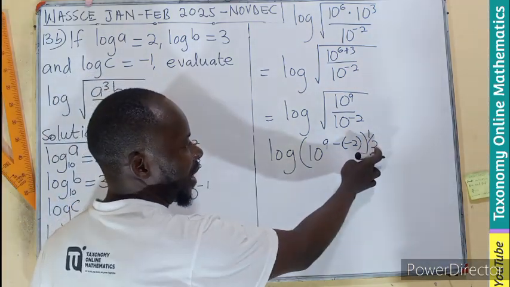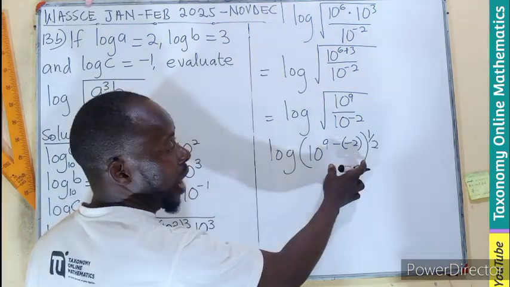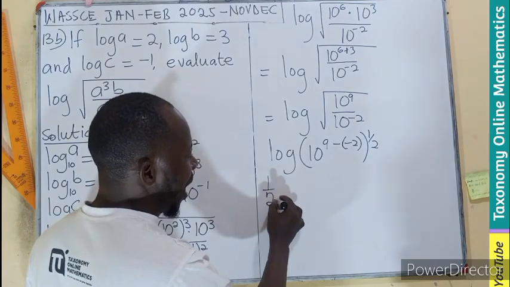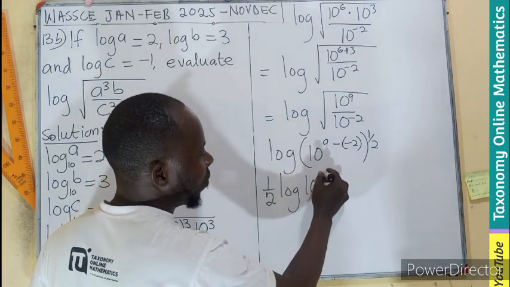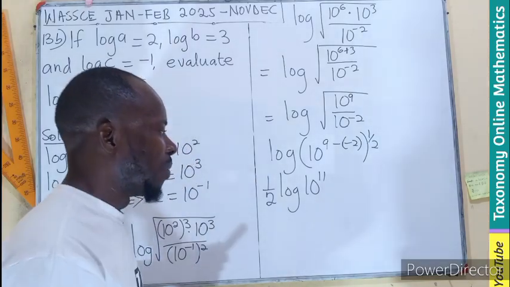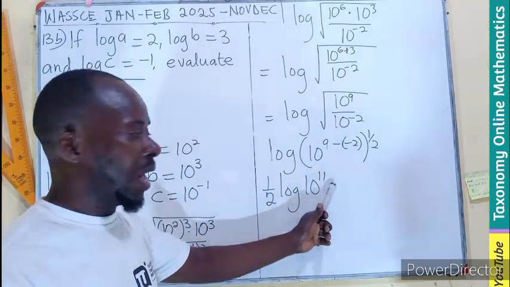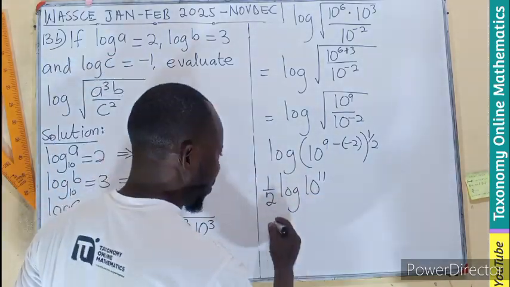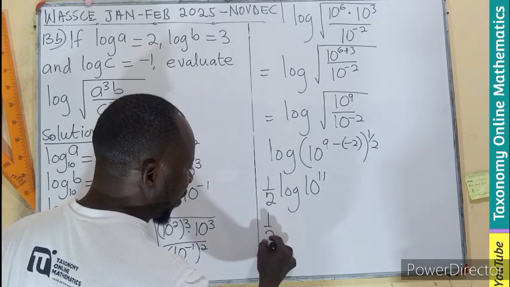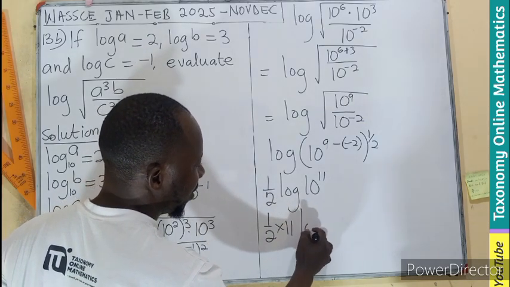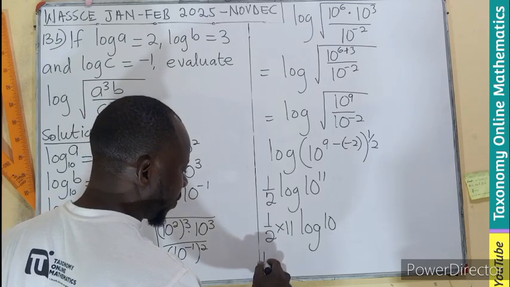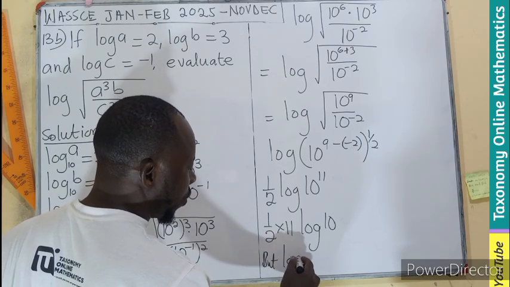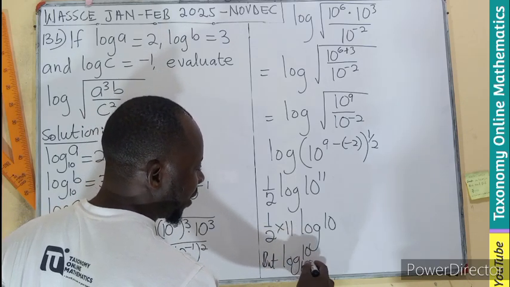So if the power is here from indices, from logarithm, I can make it half of the log of 10 exponent 11, whereby this 11 is also a power. Let's take it this way: 1 over 2 times 11, then the log of 10. Remember, log 10 base 10 is 1.